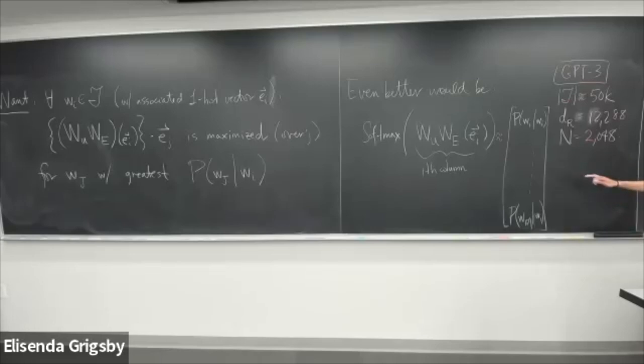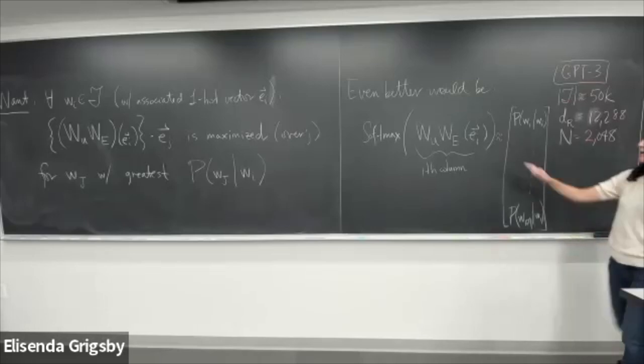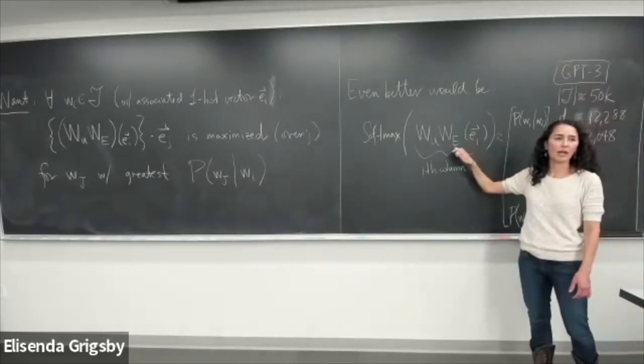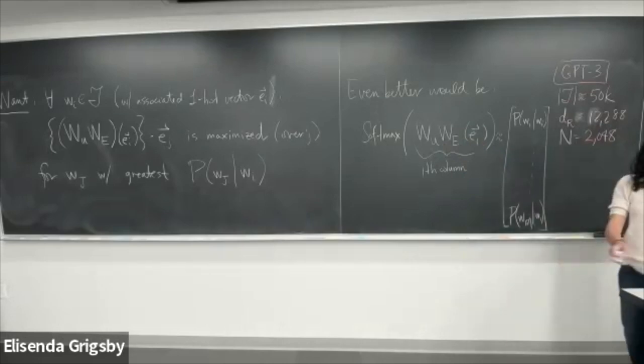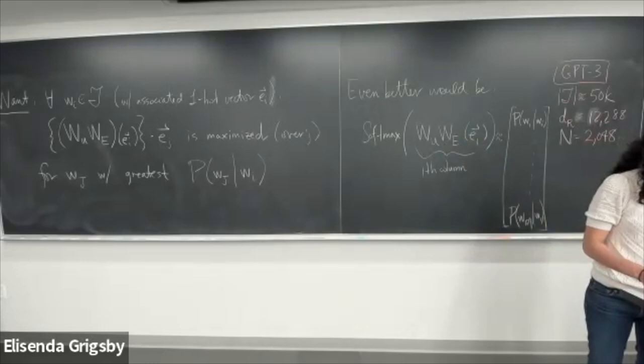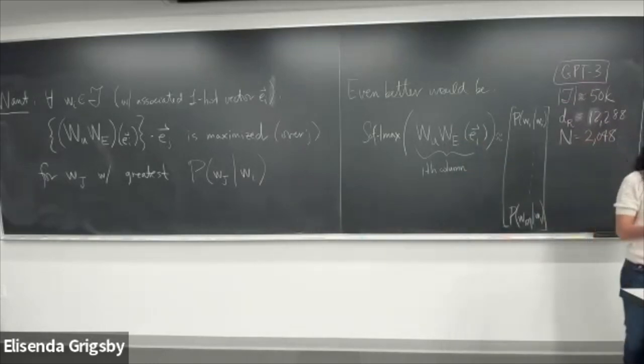Is this clear what I'm saying? Somehow, looking at the columns of this product should give you information even before you start looking at attention and MLP layers. Any questions about that before I go on?